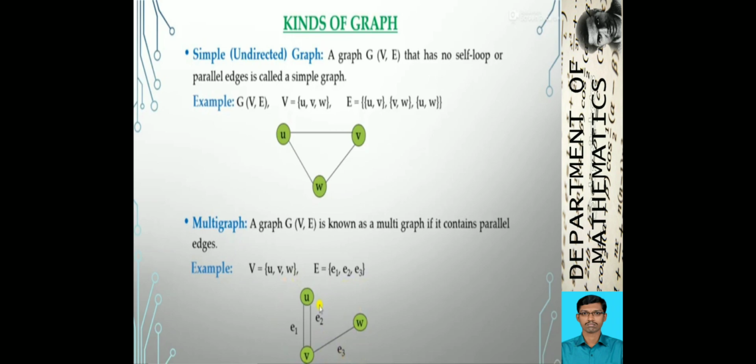This is called a multigraph because you can see that vertices U and V have two edges. So we have parallel edges there. So this graph is called a multigraph.